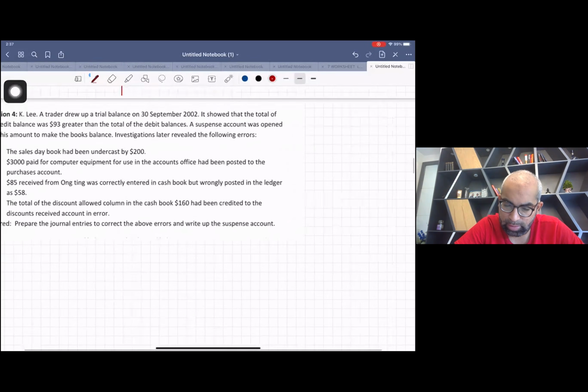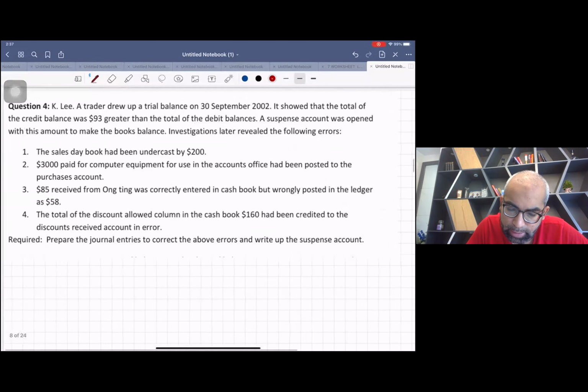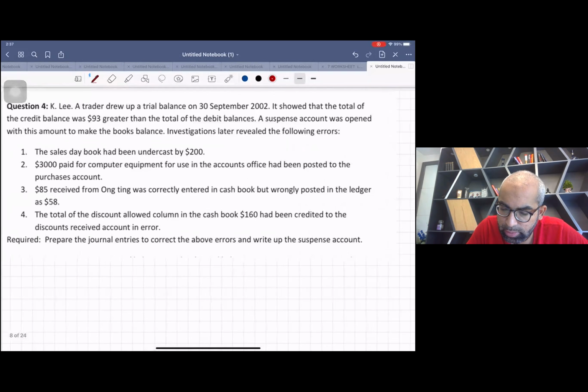So let's start. Kaylee, a trader, drew up a trial balance on 30th September 2002. It showed that the total of the credit balance was 93 greater than the total of the debit balance. So the credit side is higher than the debit side, so definitely there is a deficiency on the debit side.